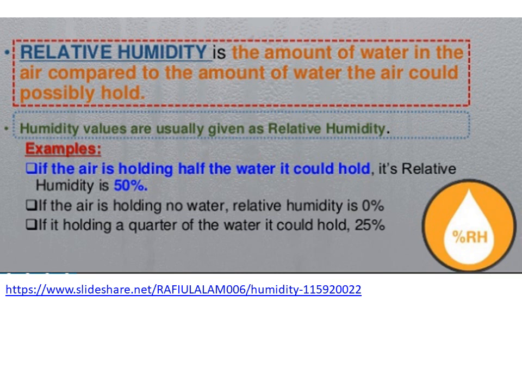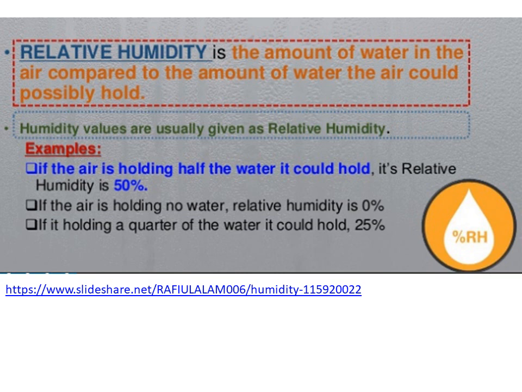Okay, and next is relative humidity. Relative humidity is the amount of water in the air compared to the amount of water the air could possibly hold. Ibig sabihin, yung relative humidity, it is a proportion. Kukunin mo kung ano yung amount of water or water vapor na nasa air divided by the amount of water the air could possibly hold.